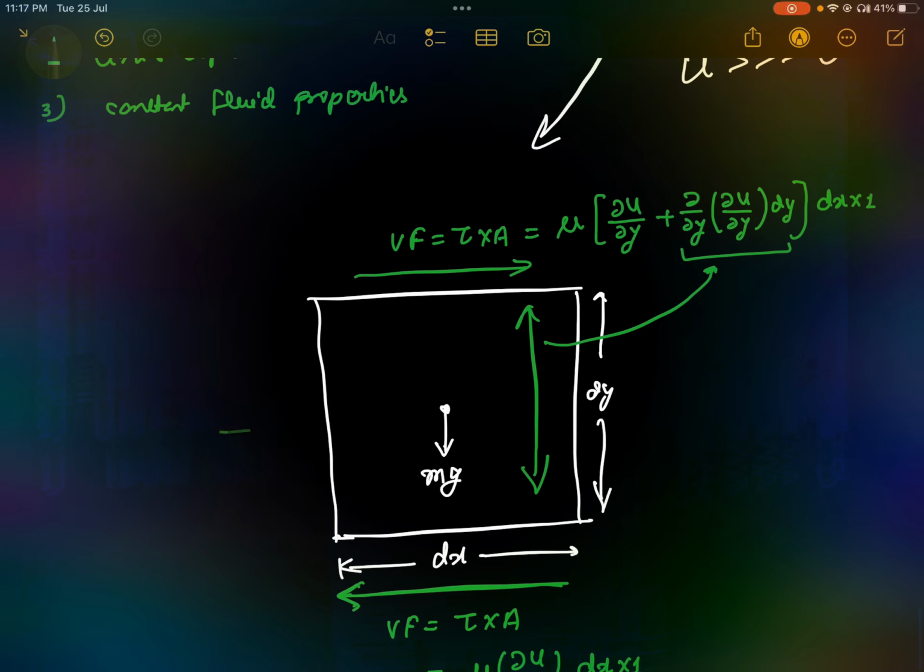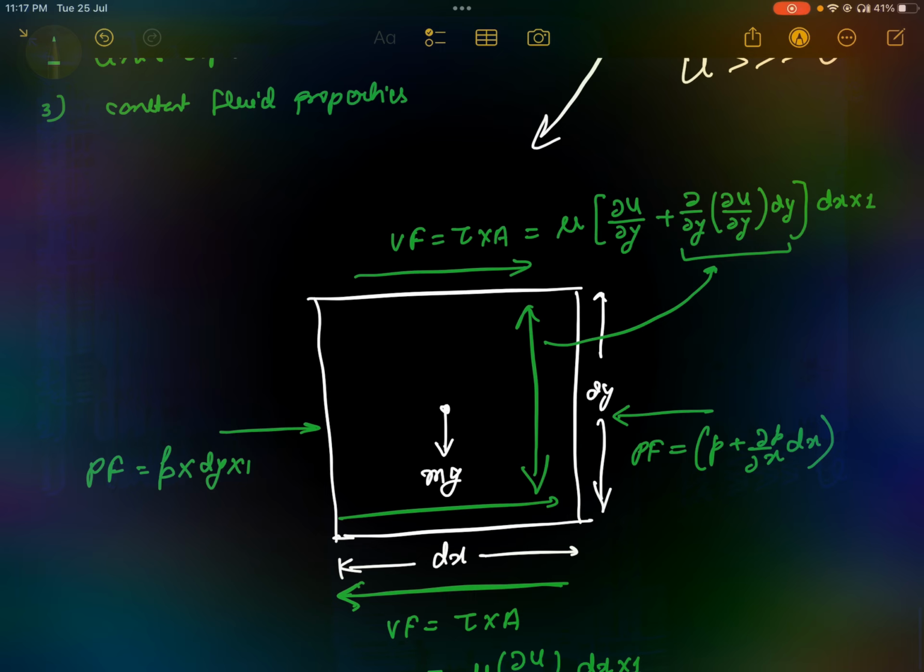Now there will be a pressure force applied on this section. The pressure force will be pressure into area. And what about the opposite direction? The pressure force will be P plus del p upon del x into dx, because x is increasing here, into dy into 1.